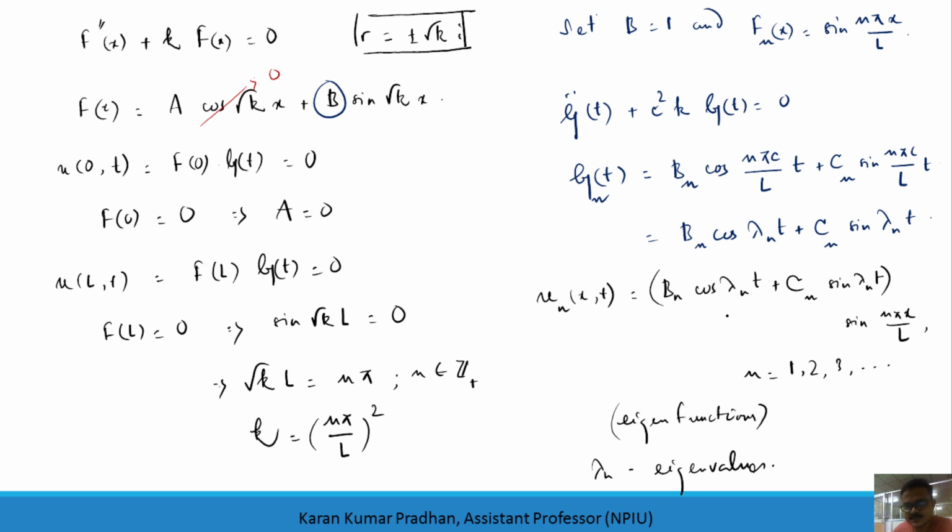Now as you will definitely have infinitely many solutions, by the principle of superposition we can take the sum of all and we will get the general solution. We have not yet used the initial conditions. We'll go for that because we are going to determine these B_n and C_n constants. So I'll directly write those terms.